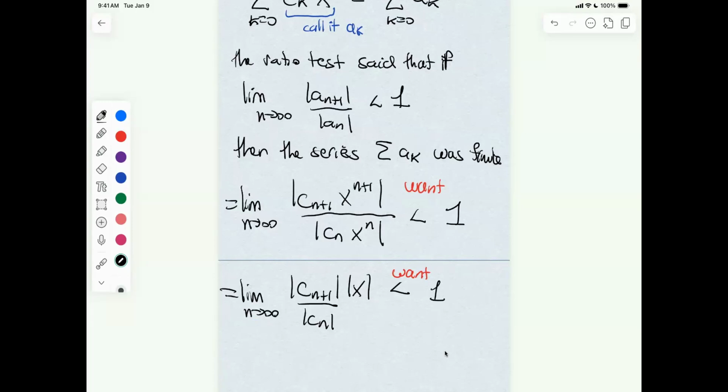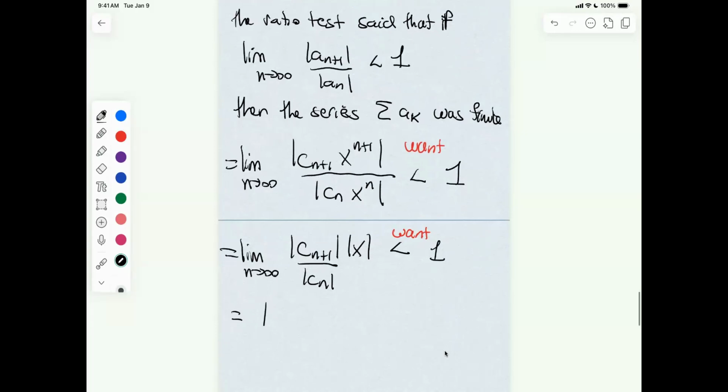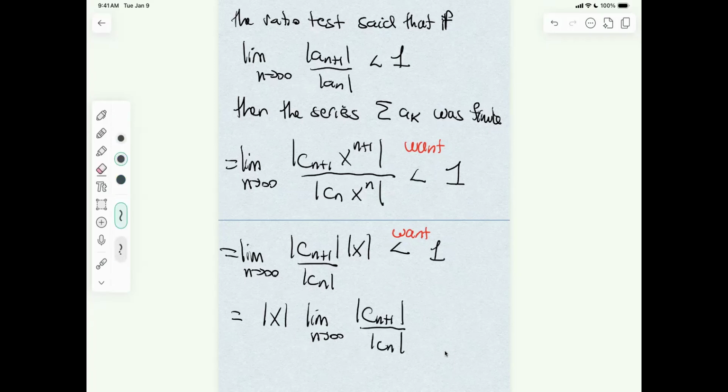So x does not depend on n, and x is just a number, so you can take it out of the limit. So again, that's what I would like.